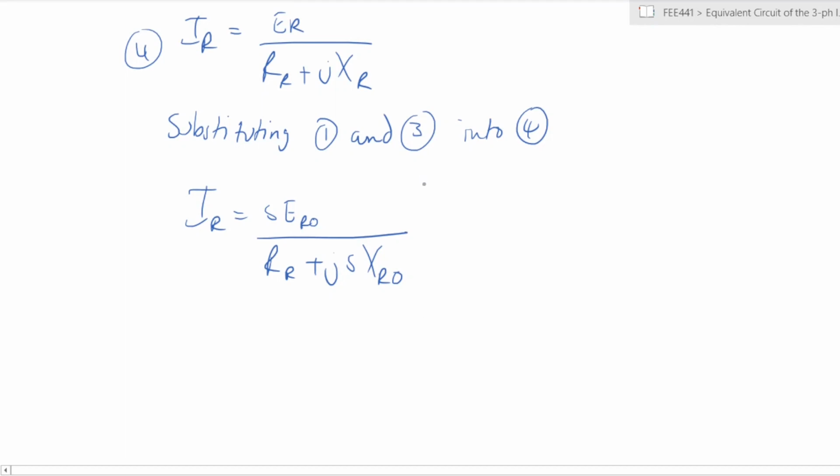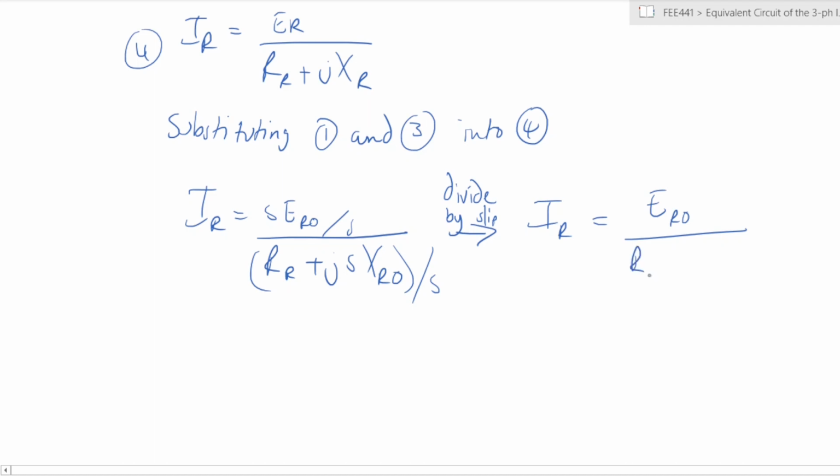Let's transform this a bit more, with a slight rearrangement, and divide by S. That will give us SER0 divided by S, and the denominator divided by S. That will give us ER0 over RR over S plus jXR0.